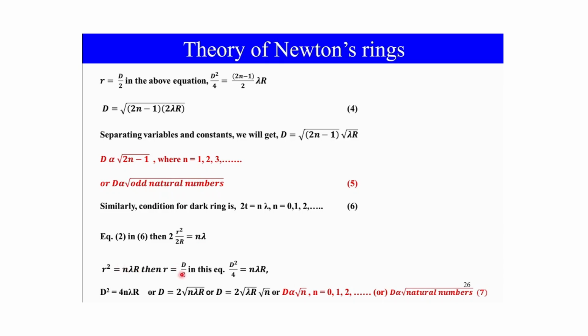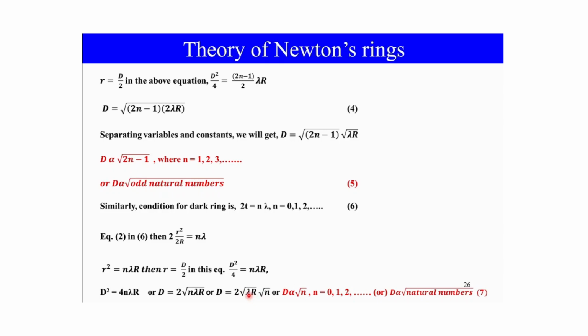Now substitute r is equal to diameter by 2, therefore d square by 4 becomes n lambda R. Again we need the equation for d square only, so d square is equal to 4n lambda R, or this equation can be written as d is equal to 2 root of n lambda R. Now in this equation we are separating variables and constants again. d is equal to 2 into root of lambda R into root n.